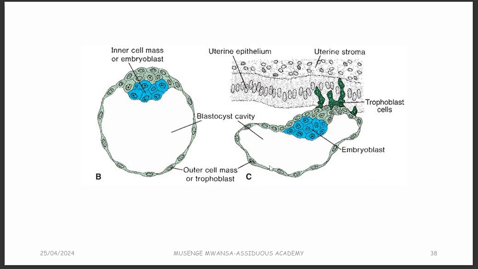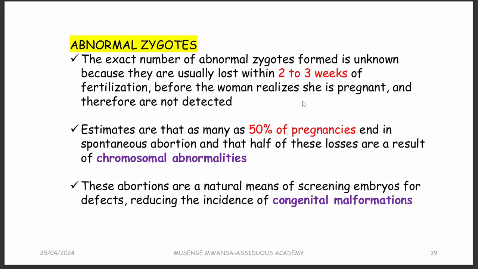So implantation happens around the 6th day. You can see the cells which are near the embryoblast are the ones starting to penetrate the wall of the uterus, and that is how implantation is going to happen.